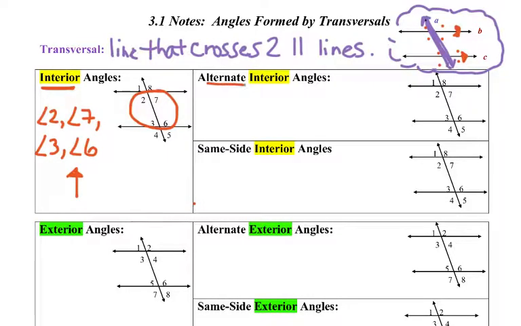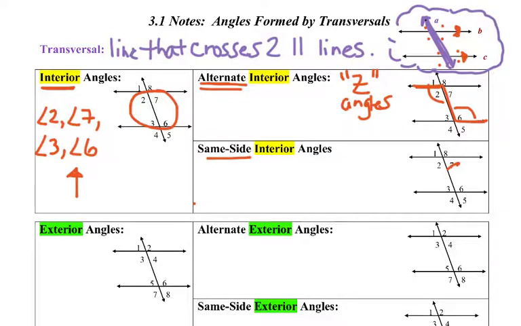alternate interior, same side interior. Alternate interior we sometimes call the Z angles. The Z angles. Because alternate interior are alternating sides of the transversal, and they're on the inside of the parallel lines. So it kind of makes a Z here.